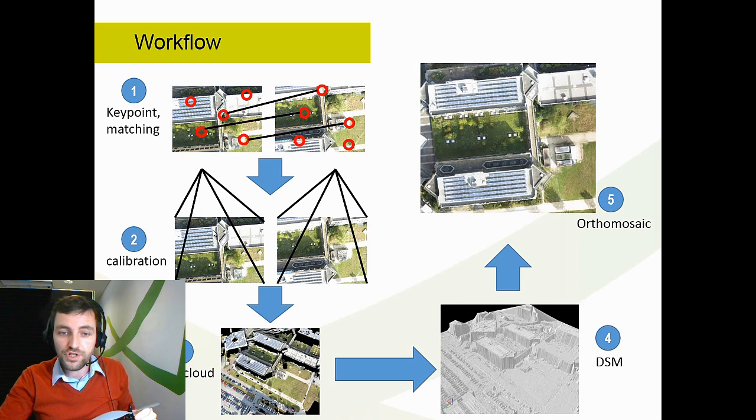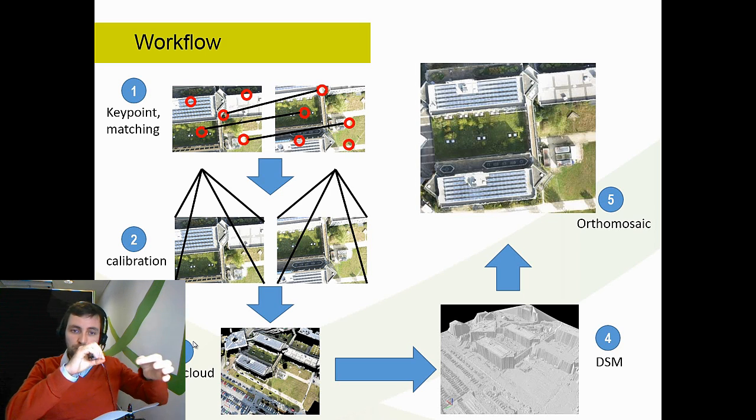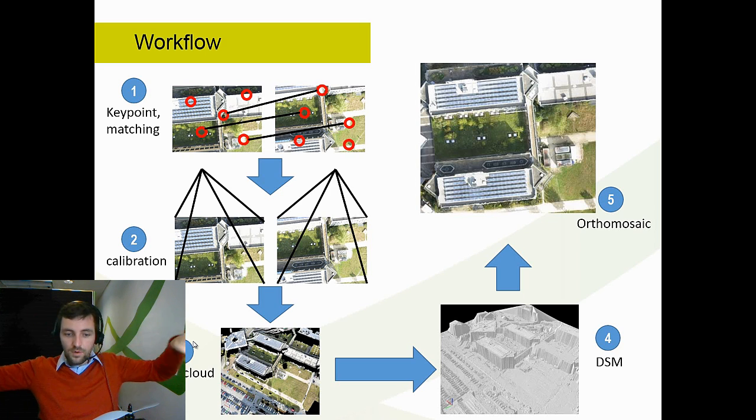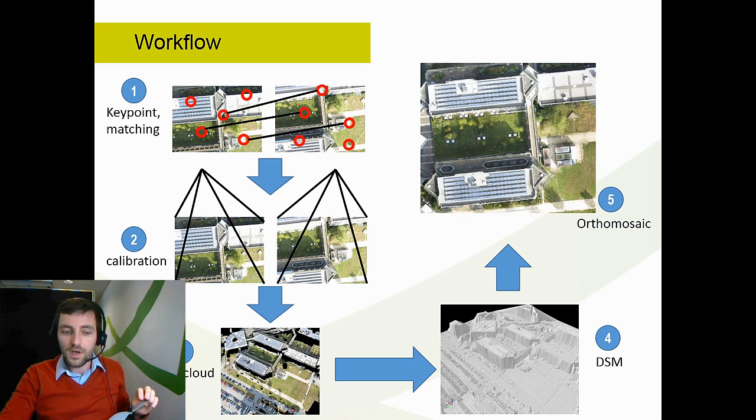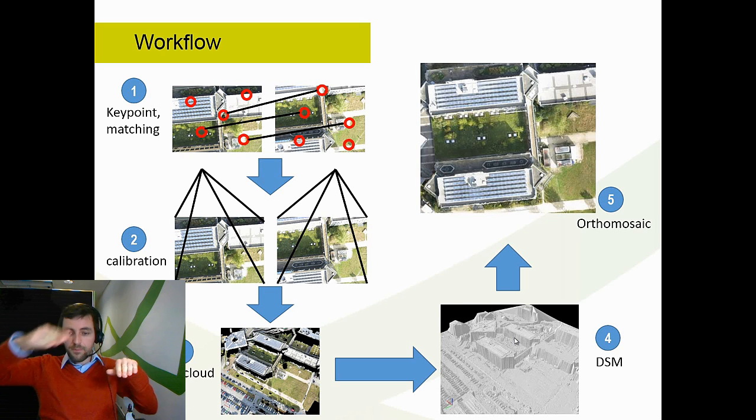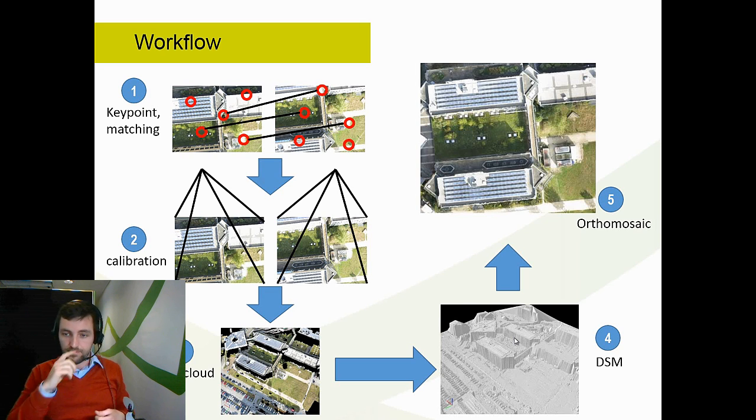From this calibration, it's able then to compute a 3D point cloud. A 3D point cloud is a lot of little points in 3D space which are computed from the imagery. From this 3D point cloud, it's possible then to generate an elevation model. This is what we call a DSM, digital surface model, where you can really map for every part of the scene what is the current altitude.